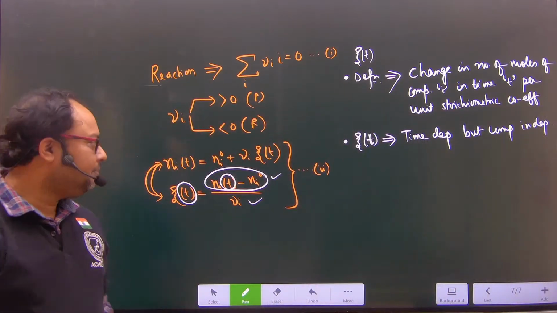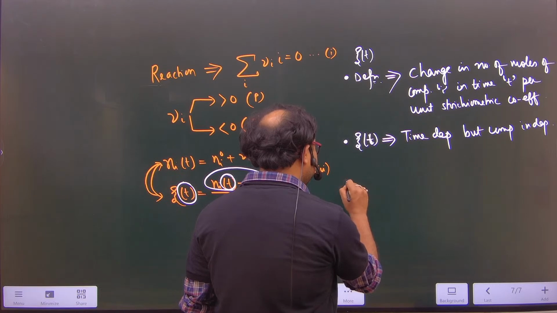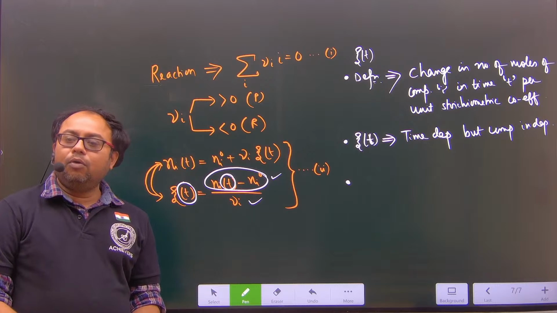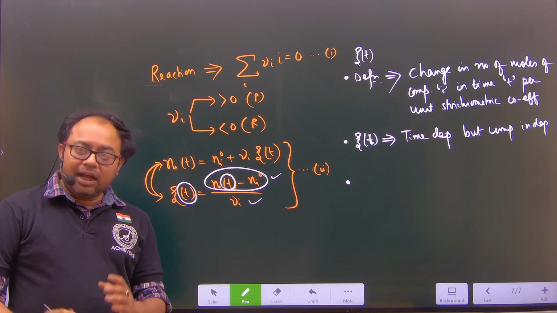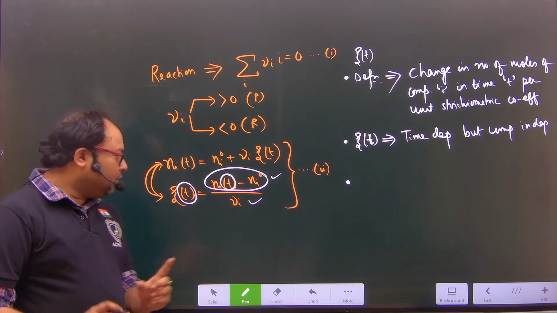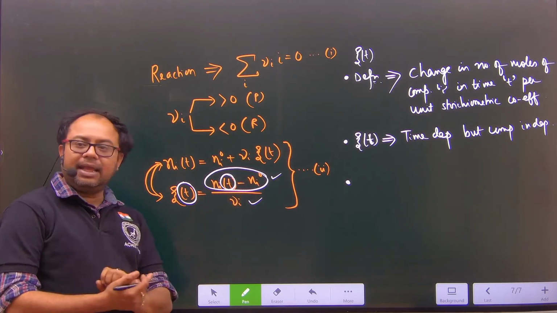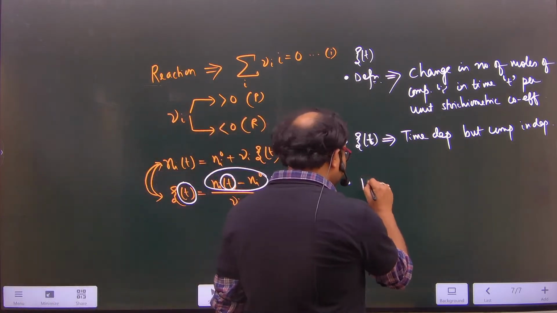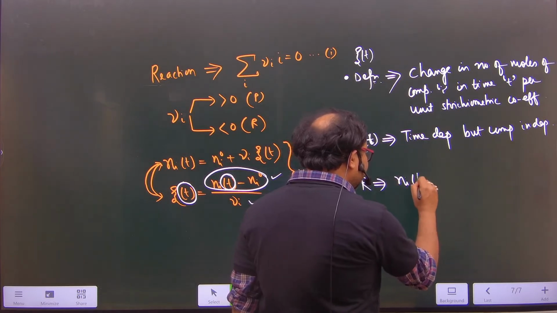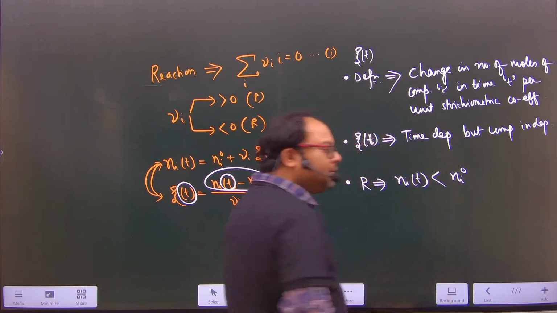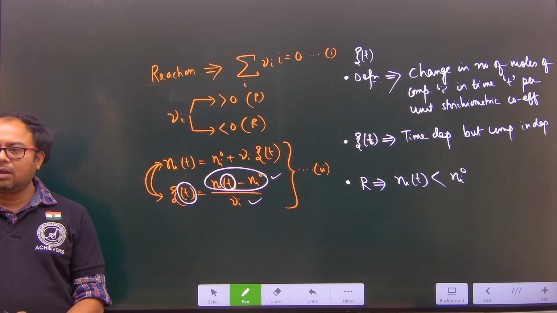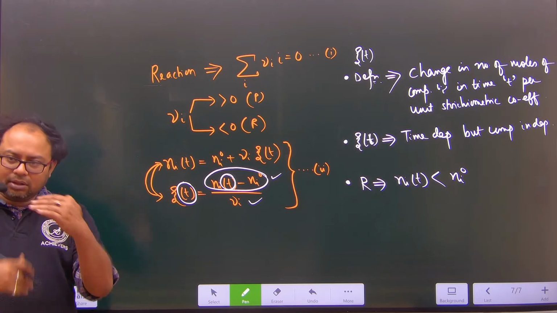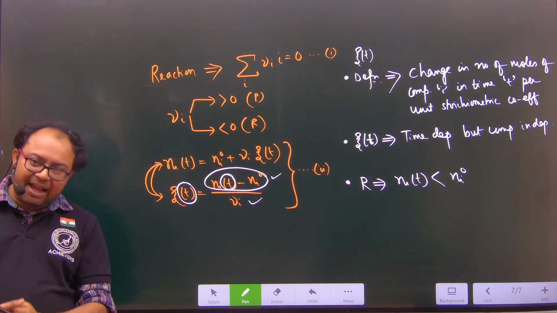Now you see, for the reactants, Nit is less than Ni naught, because with time the number of moles of reactants will decrease, we know that.